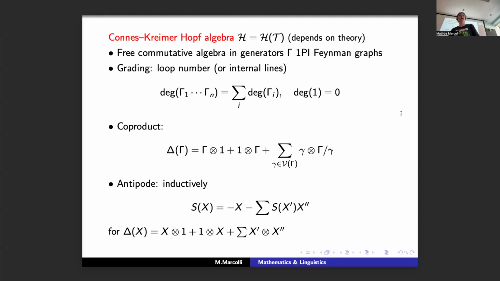And the combinatorics, as I was saying, is encoded. I'll show later how one can also encode it in terms of formal languages, but in the renormalization theory, it is encoded in terms of a Hopf algebra. The Hopf algebra is generated by the Feynman graphs of the theory.